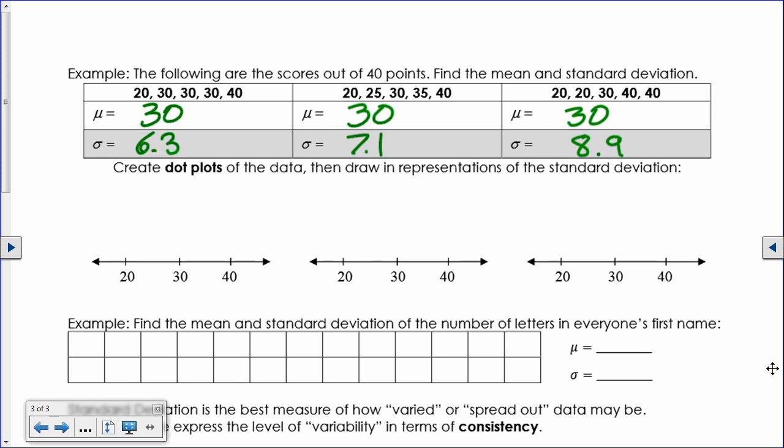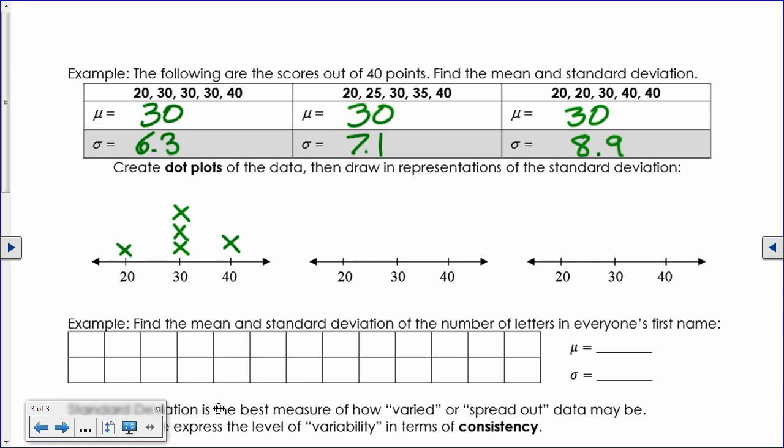So here we have data sets that have the same mean but different standard deviations. What we're going to do is create what we call a dot plot to represent the data, to understand what the different standard deviations mean visually. To create a dot plot, you just create little X's or dots for each data point. So for 20, I would create a little X or a dot for that data point. I have 3 30s, so I'd write 1, 2, 3 to represent each, and then 40.